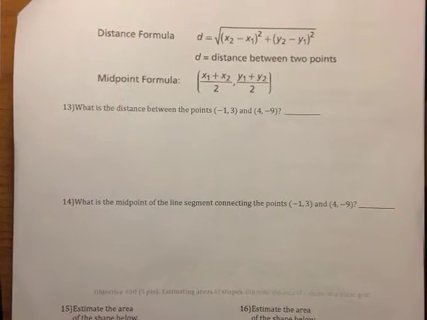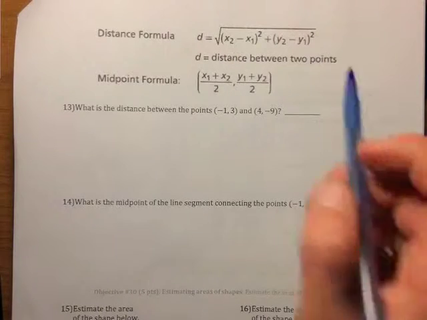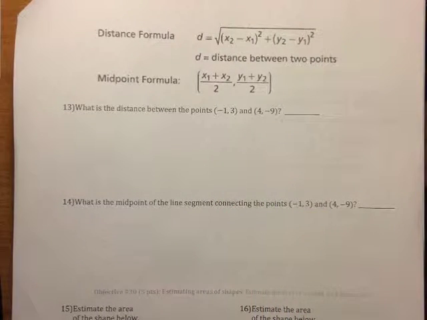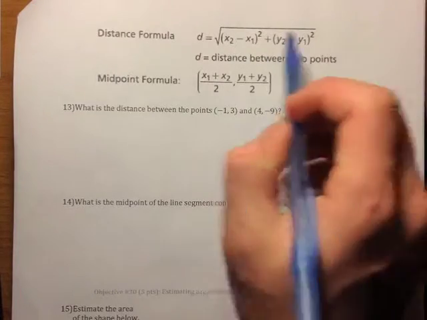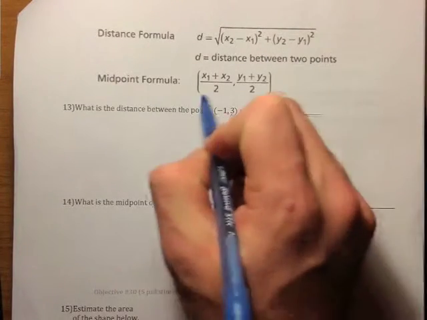Here I do not give you a graph. What I give you, though, is the formulas for finding distance and midpoint. Now, because I give you the formulas, and these are the exact same formulas that are going to appear on the EOC, what I want you to do is to use these formulas with these ordered pairs.